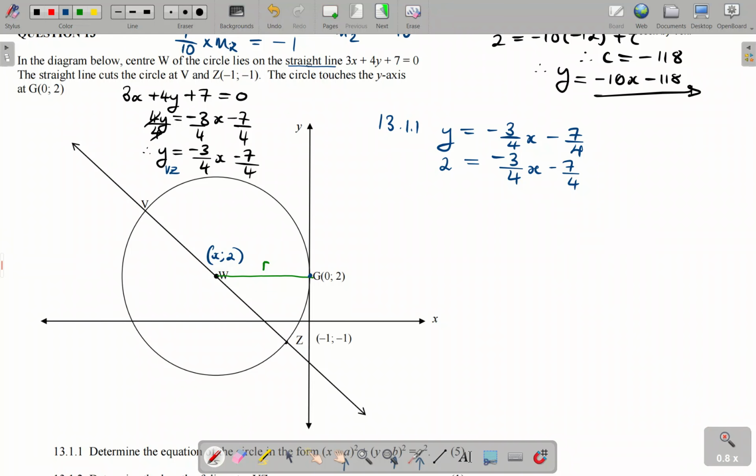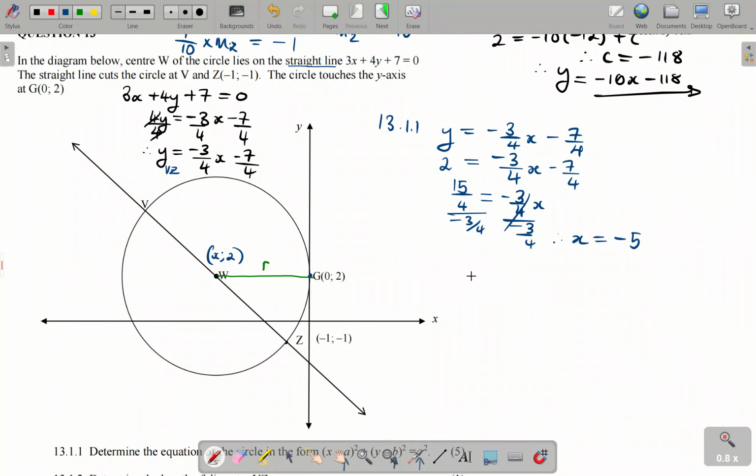So 2 plus 7 over 4 gives 15 over 4, which equals negative 3 over 4 x. Now divide both sides by negative 3 over 4, so your x will be 15 divided by negative 3 over 4. So I have x to be negative 5.